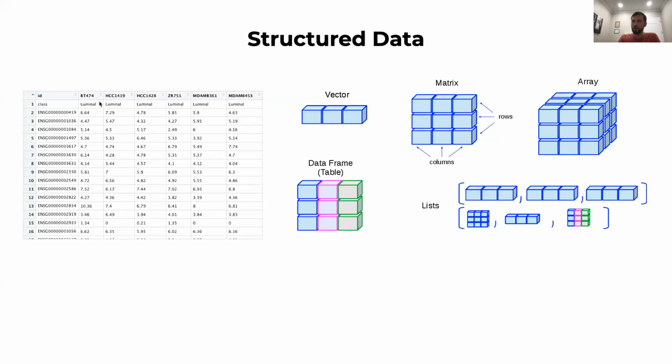The class row right here: if I take these, I can turn them into factors, because essentially you can see that they are repeating and they represent the type of sample that I'm dealing with. So these could be factors, these could be names of my samples, these could be names of my features, and this is a matrix. Altogether, this could be a data frame, or essentially a table.